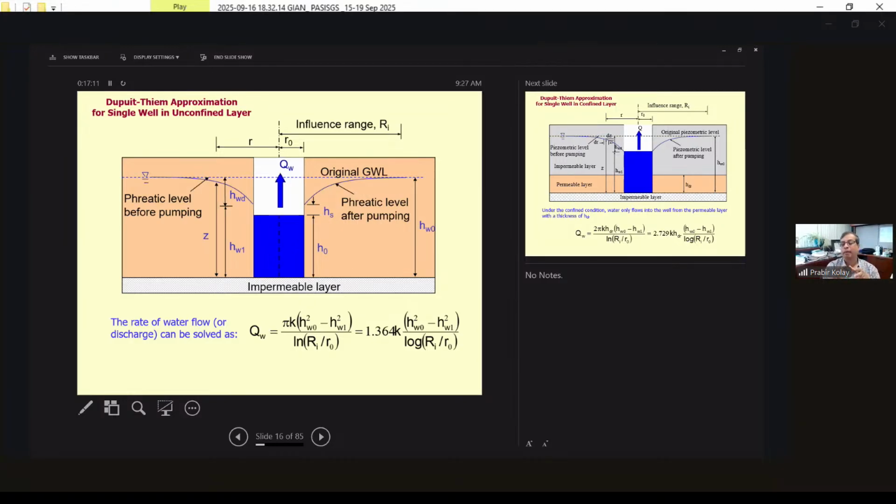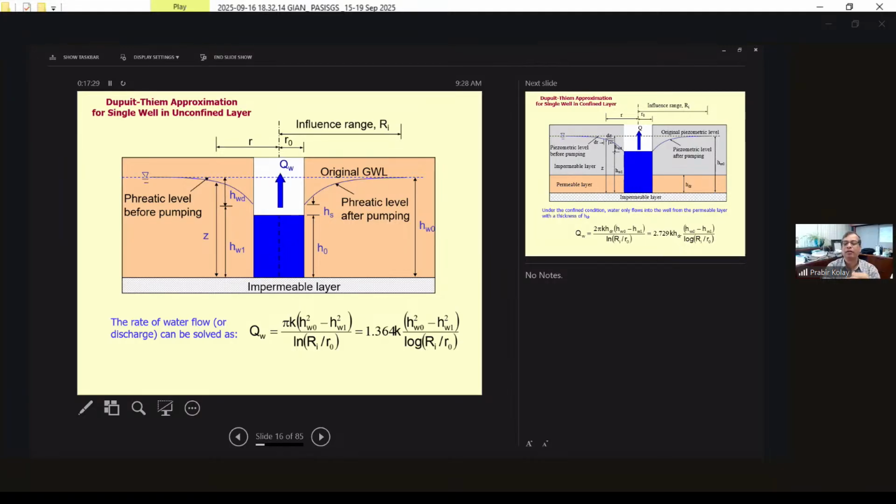There are also equations for partial penetration, which I'm not going to explain here. Most of the time you will use the equation for full penetration in unconfined or confined aquifers.